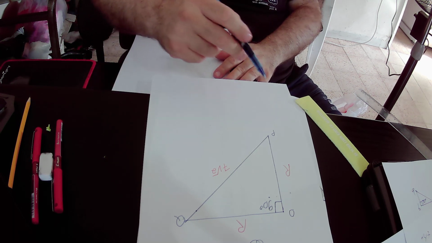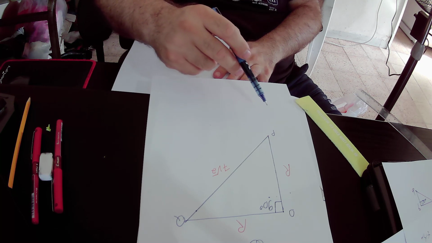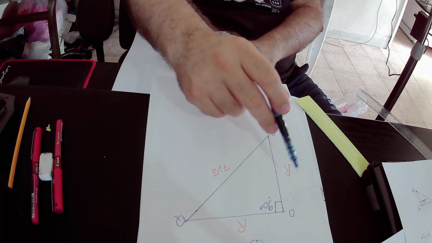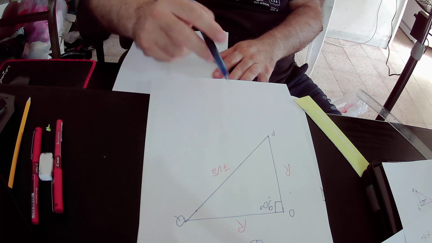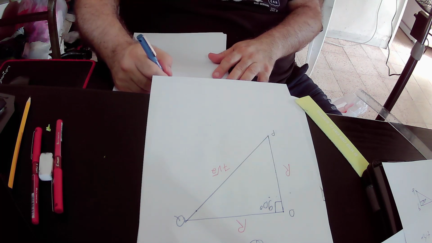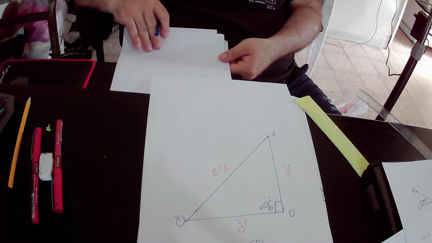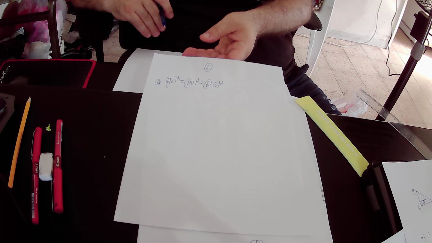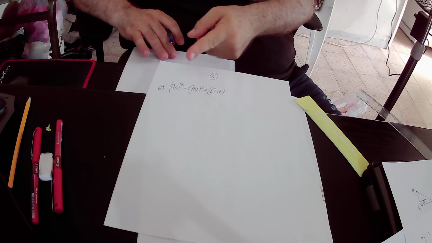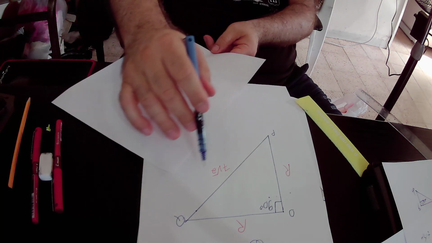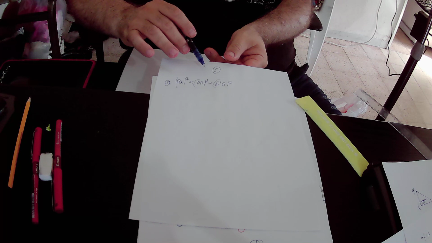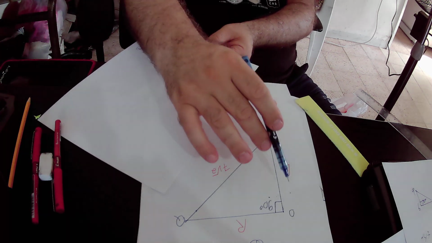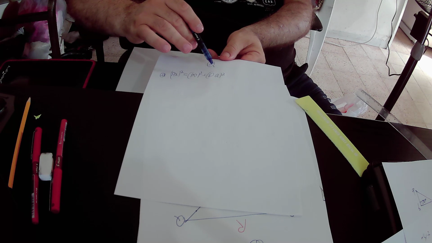Equals the sum of the squares of the perpendiculars, that is to say equals PO square plus OQ square. So equation number 2 is PQ square, that is the hypotenuse, equals PO square plus QO square.